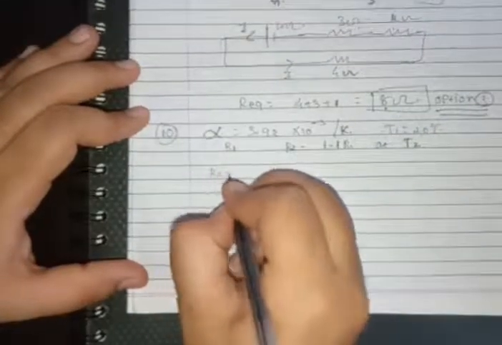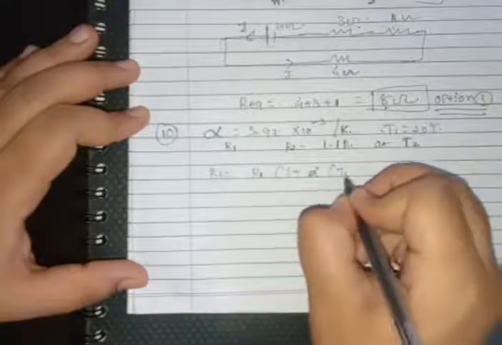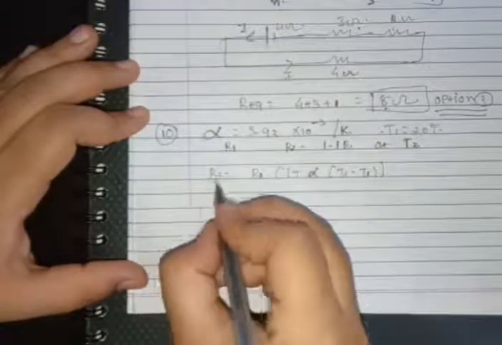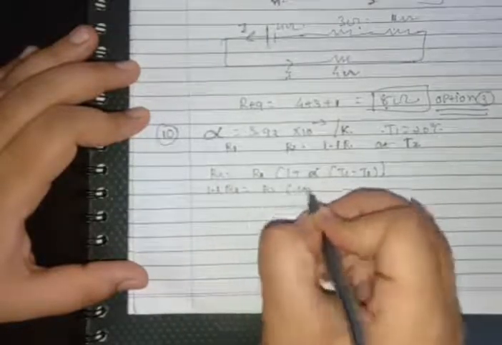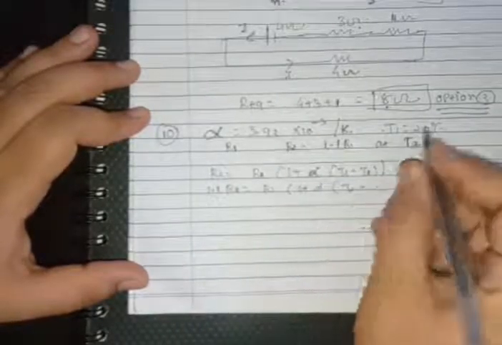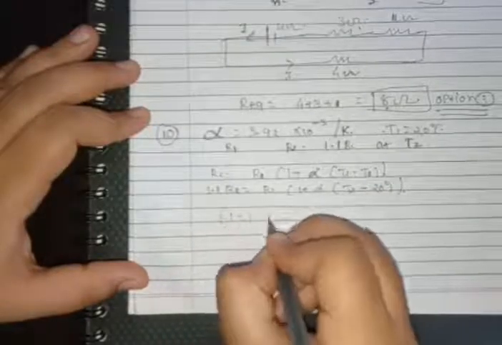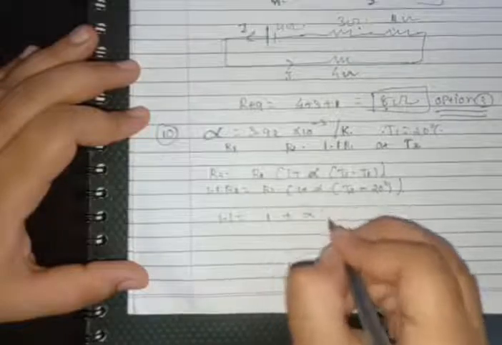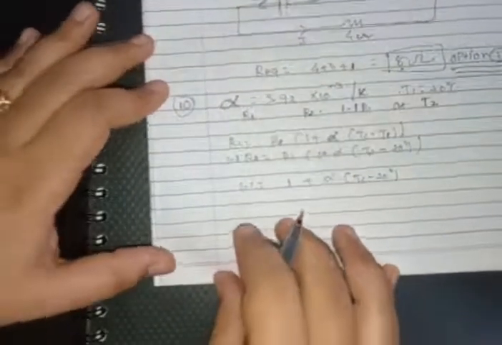We can write R2 is equal to R1 times 1 plus alpha delta T, that is T2 minus T1. R2 is 1.1 R1, which is equal to R1 times 1 plus alpha times T2 minus 20 degrees Celsius. So 1.1 is equal to 1 plus alpha times T2 minus 20 degrees Celsius.